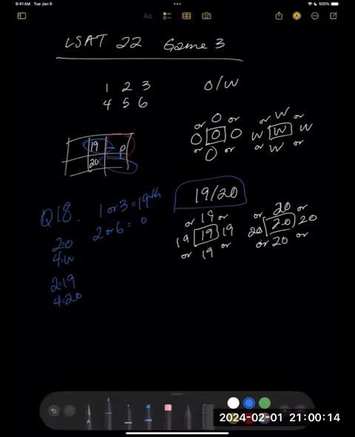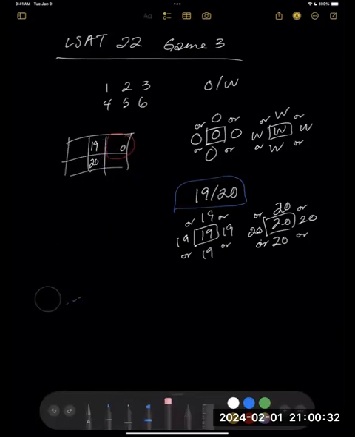Okay, moving on to question 19, which is a could be true question. So we're just looking for something that's possible. So question 19.